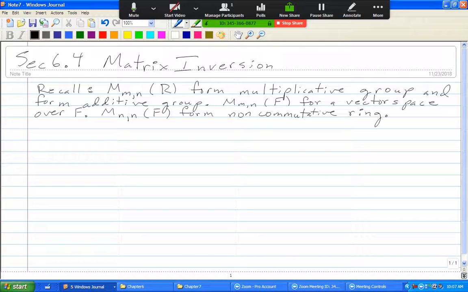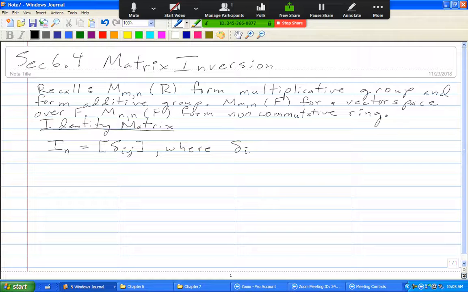So let's recall the identity matrix. Let's call it I. This will equal, and this is for i, j going from 1 to n, where this is equal to 1 if i equals j, and it's equal to 0 otherwise.